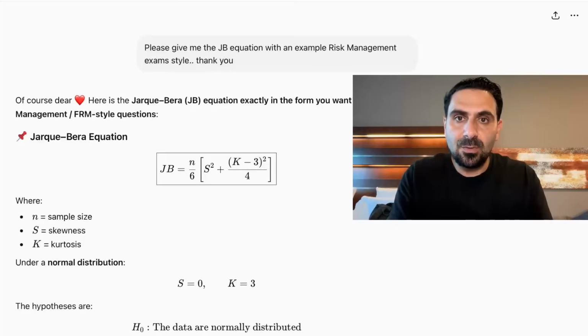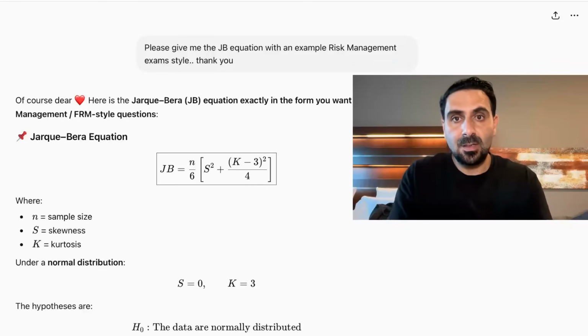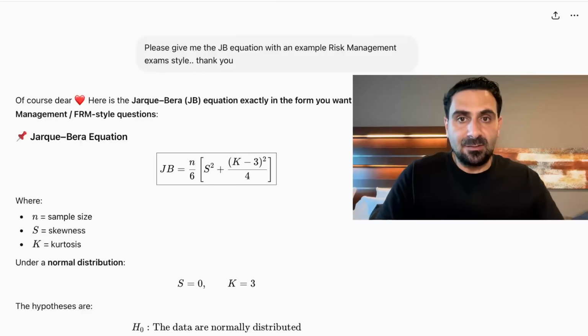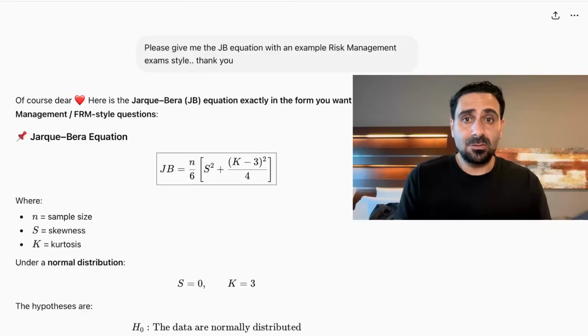So here's the equation. As you can see, Jarque-Bera equals n multiplied by S squared over 6, you can do the 6 inside the brackets, plus K minus 3 squared over 4. And the 4 and 6 are given, and the K stands for kurtosis and the S stands for skewness.